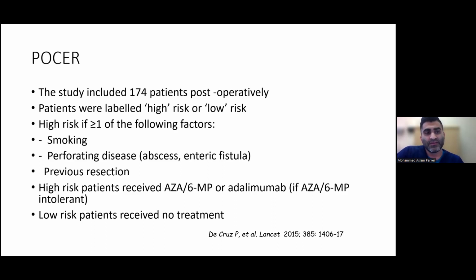High risk if they had more than one of the following factors: smoking, perforating disease, previous resection. High-risk patients in this study received thiopurines or adalimumab. They received the adalimumab if they were thiopurine intolerant, and then the low-risk patients received no treatment at all.